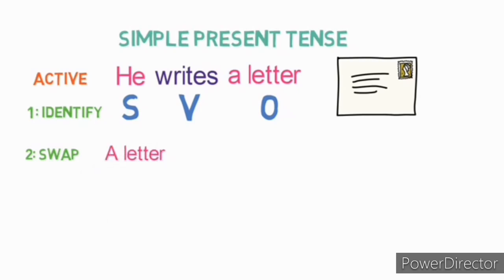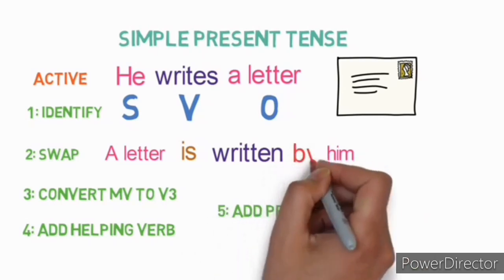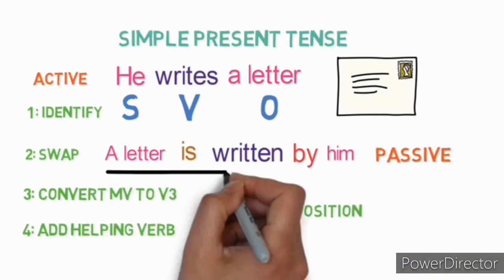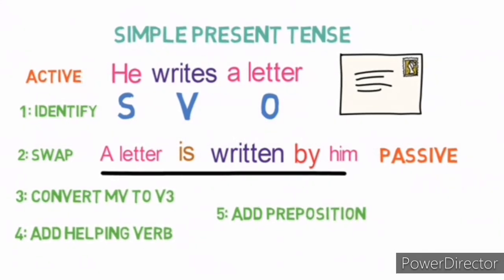See the verb here, writes. Okay, this comes under the first way, that is am or is or are plus V3. Here the subject letter is singular. So we have to use is, right? Now the answer is a letter is written by him.